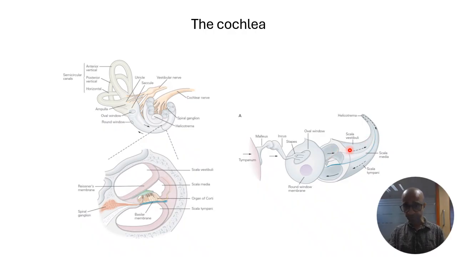So pressure changes here, goes through the entire spiral, and all these three canals are finally connected to each other such that the pressure change is felt here as well. In between these two canals, there is a third canal, the scala media, which has the hair cells that respond to the auditory stimuli. And the way they respond is, as pressure changes, they get moved around and they respond to the movement, right?